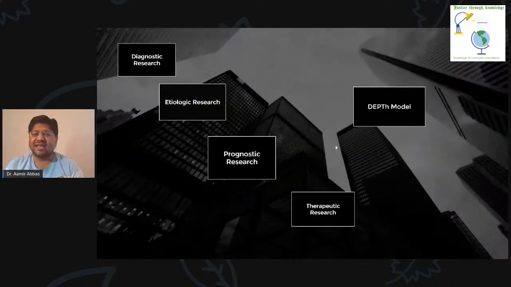So all of these things may sound very simple. Again, many of the things which I'm talking about are extremely simple, but all of them contribute to something in the area of clinical research which we call the DEPTH model.